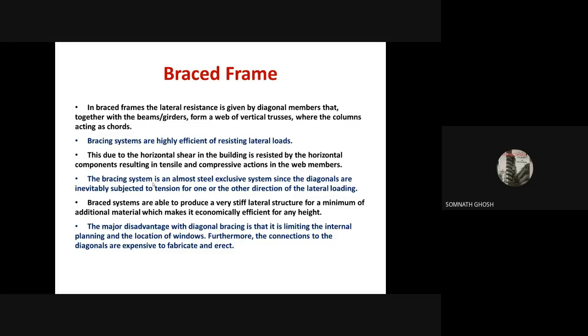The brace frame lateral resistance is given by diagonal members that together with beams and columns form a web of the truss, where the columns act as the core. So it's a kind of truss system. So this is very efficient against wind and earthquake. Right.